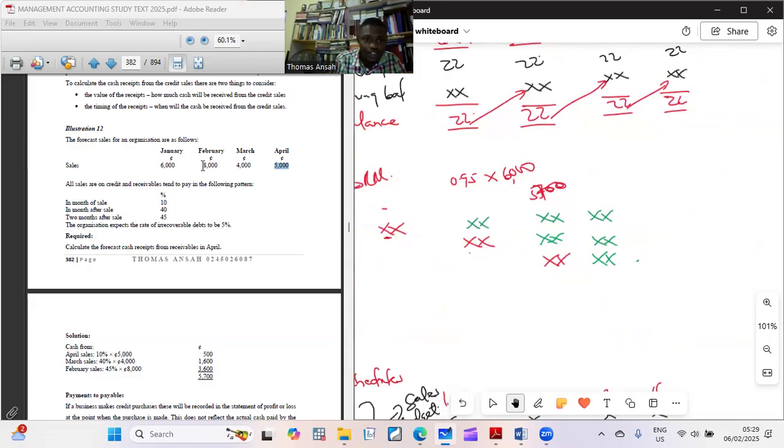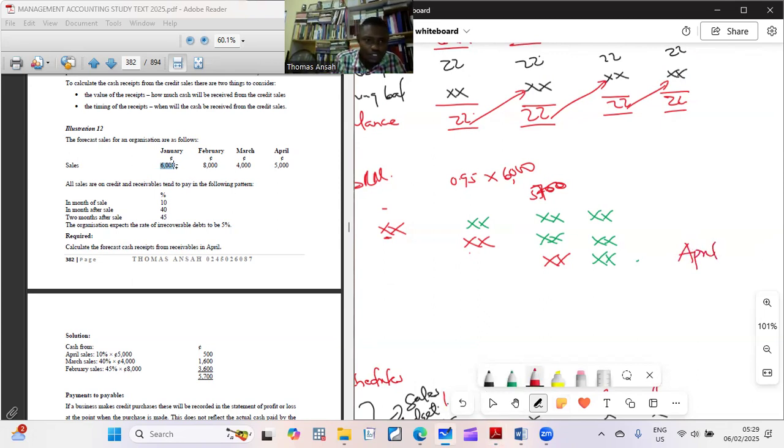And so like this one to February, whatever figure that you have. According to this question, we are supposed to do it for only the April one. All right, only the April one. So the question said April, so you focus only on April.